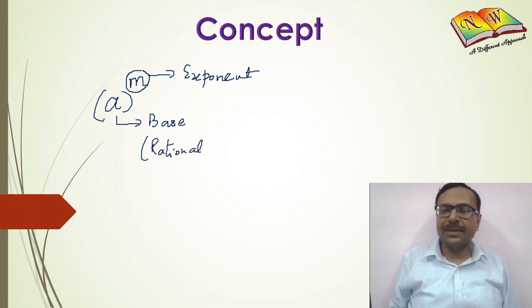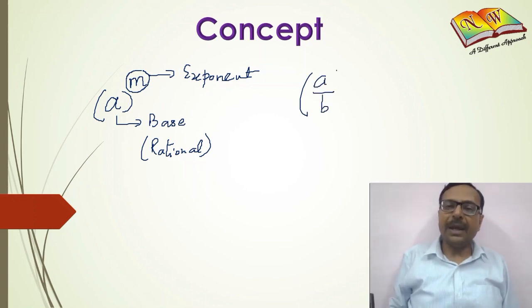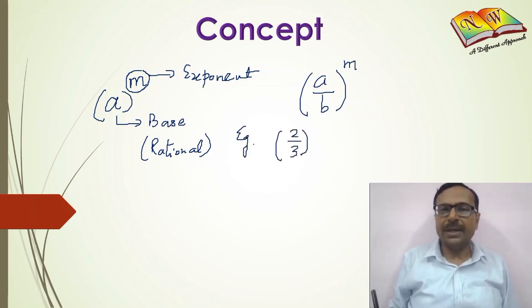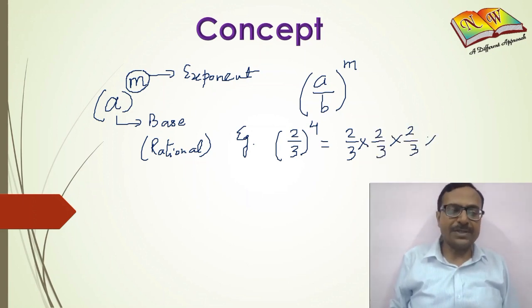So that means the base will be in the form a upon b and we are raising it to power m. For an example, let's take 2 by 3, and we are raising it to the power 4. It means that we are multiplying 2 by 3 by itself how many times? 4 times, because the exponent is 4.